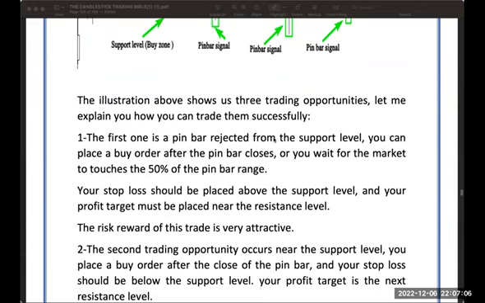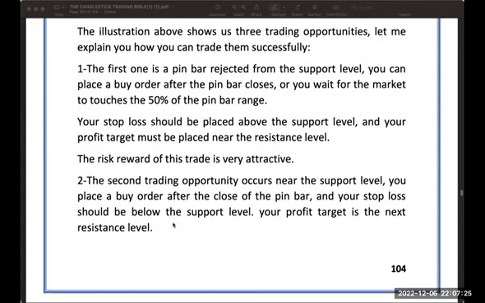You remember in the very first few chapters, we read how to have safer entries and how to have aggressive entries on the pin bars. This is exactly what they're talking about here. Your stop loss should be placed below the support level, and your profit target must be placed near the resistance level. The risk to reward of this trade is very attractive.